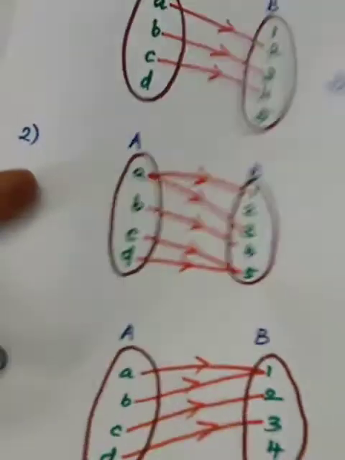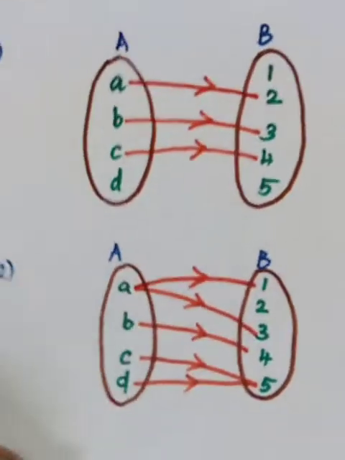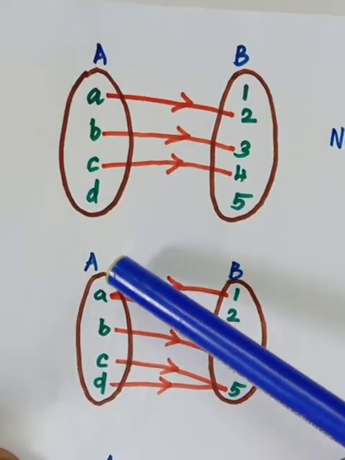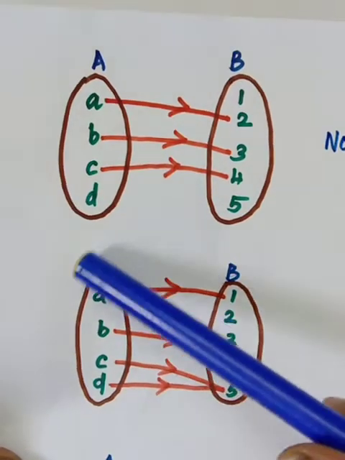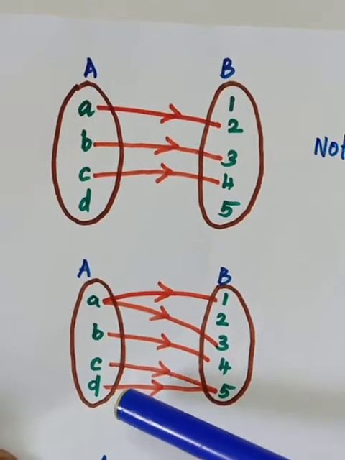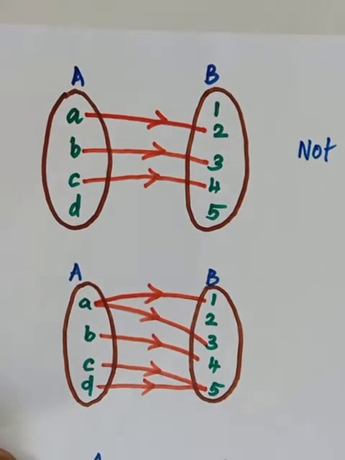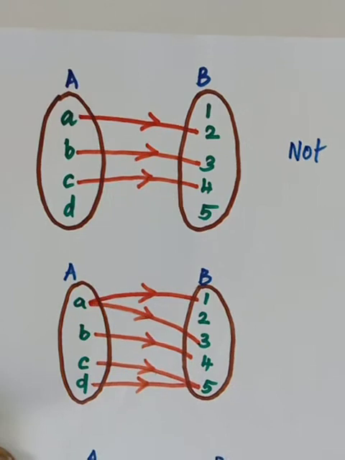Coming to the second example, is it a function? Every element in the domain is mapped, and according to a function it must be mapped to definitely one element in the codomain.